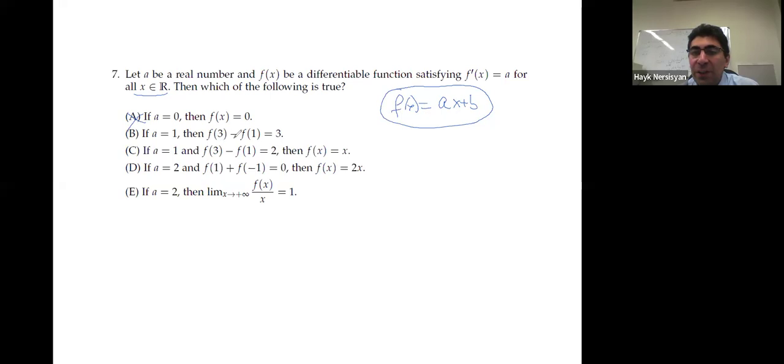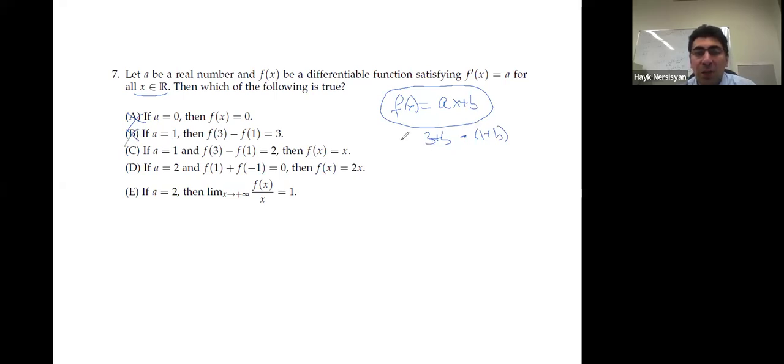So the value at 3 is going to be 3 plus b minus the value at 1, 1 plus b. Is this 3? No. It is not 3, it is 2. So let's drop this one.